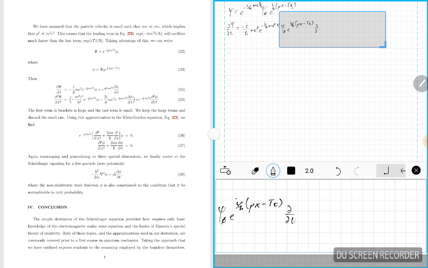So d dt of psi naught e to the i over h bar px minus T t.